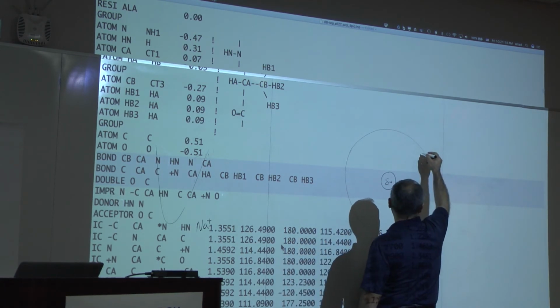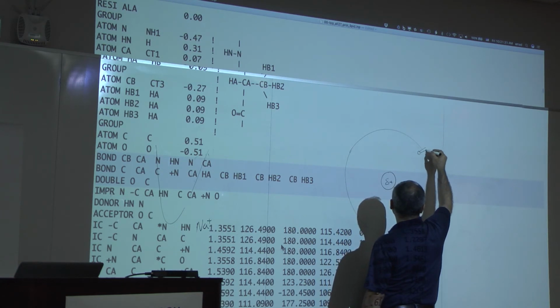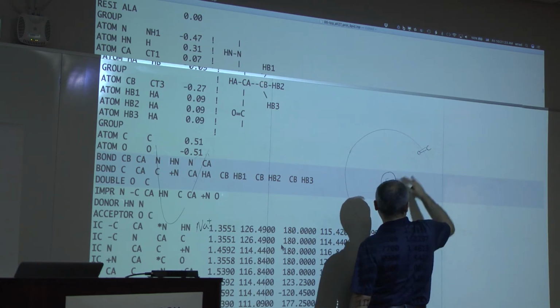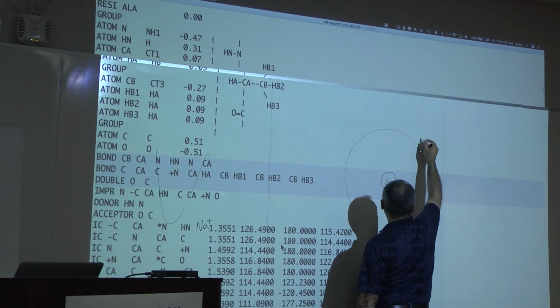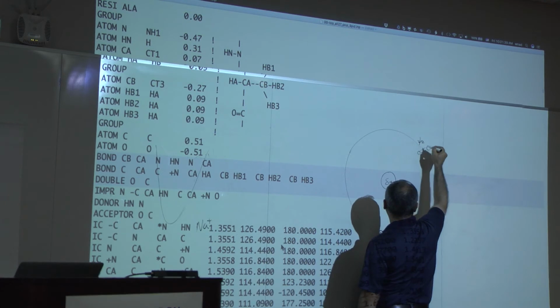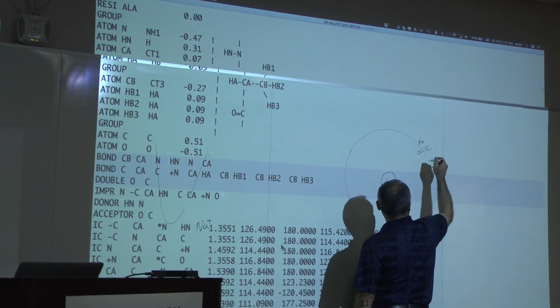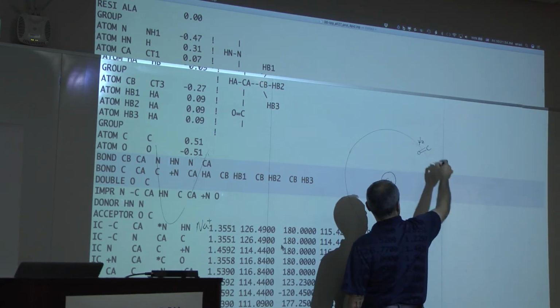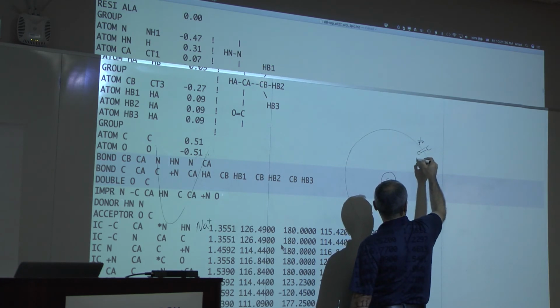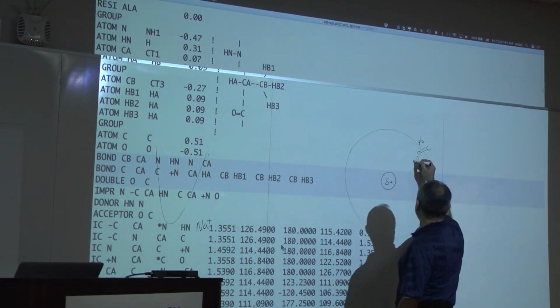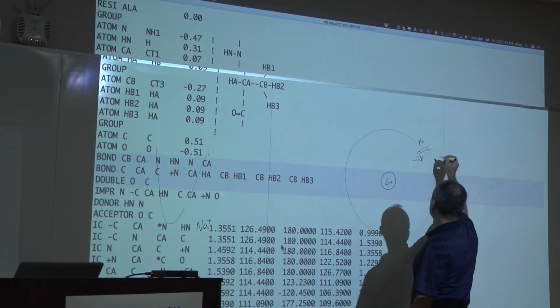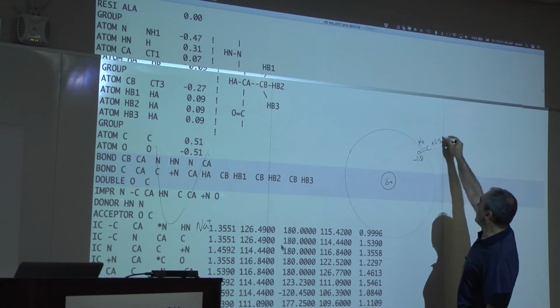But what if I have a little dipole here? Let's say I have a carbonyl group here. At the long distance of 10 or 12 angstrom, this is a dipole, so the interaction is 1 over r squared. But now if you apply this cutoff, let's say this was the carbonyl group, negative 0.51, and then you have positive 0.51.